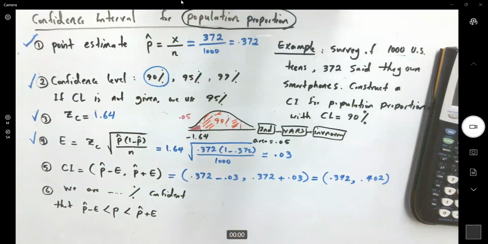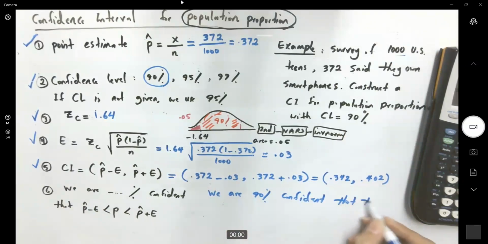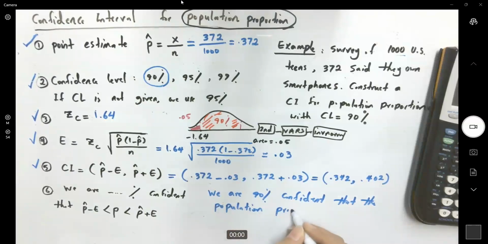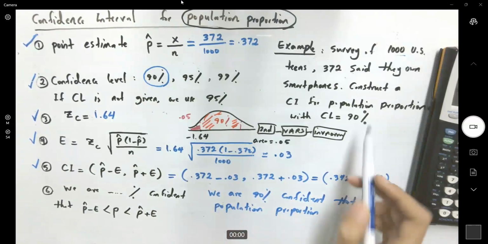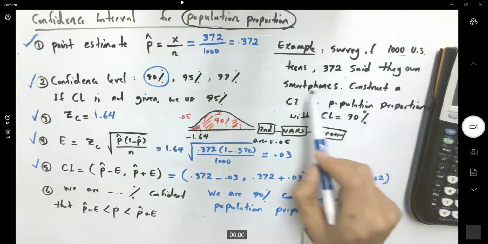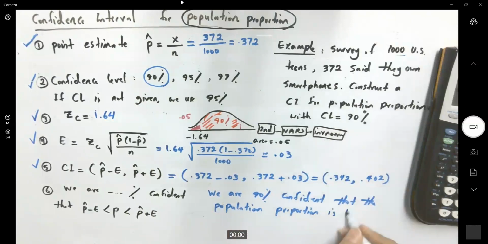Again, this is the interpretation, the last step: we are 90% confident that the population proportion of US teens that own smartphones is between 34.2% and 40.2%.